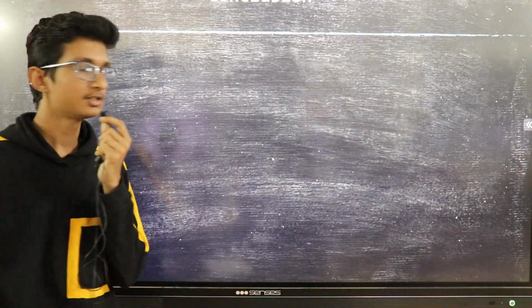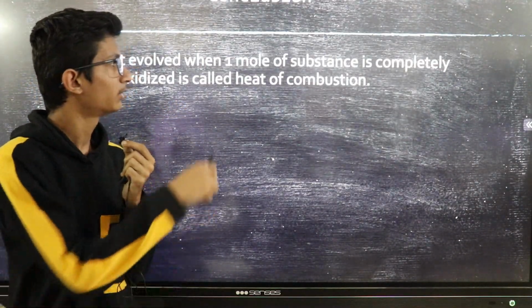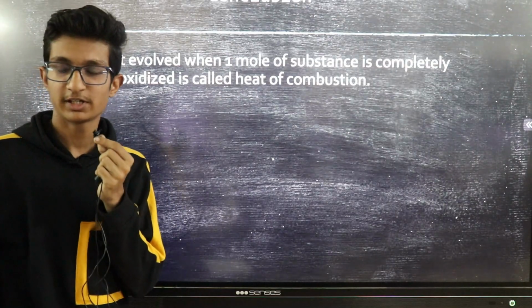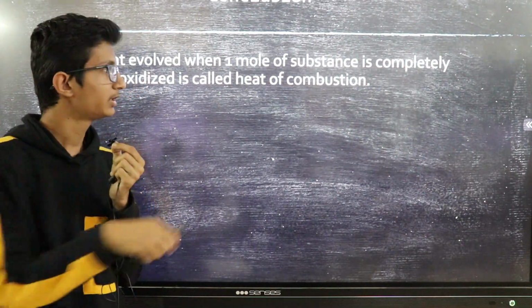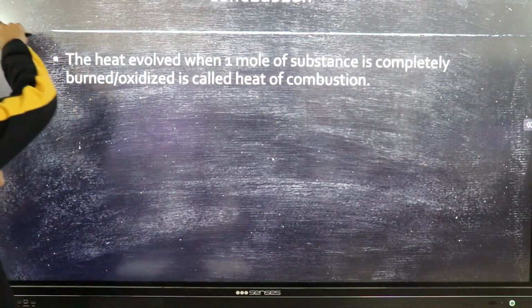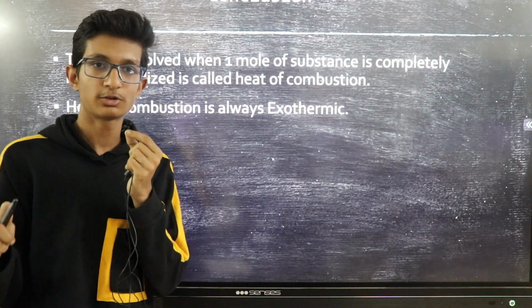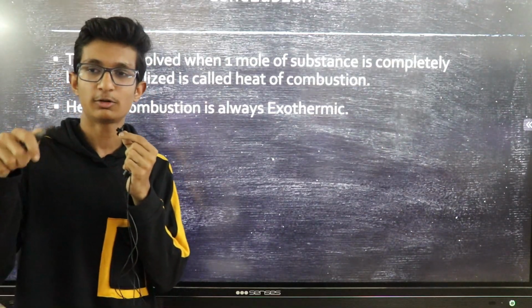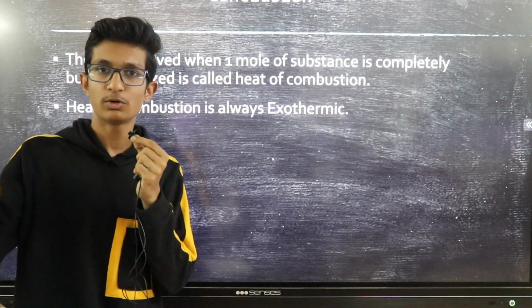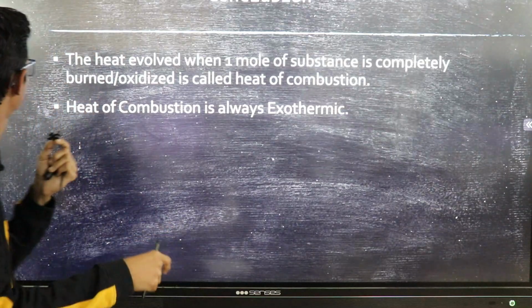So the conclusion: first, we saw what heat of combustion is. It is the heat evolved when 1 mole of a substance is completely oxidized or burned. Next, we saw that heat of combustion is always exothermic, but in the case I told you, when fluorine is oxidized, it forms OF2, and the heat of combustion will be endothermic.